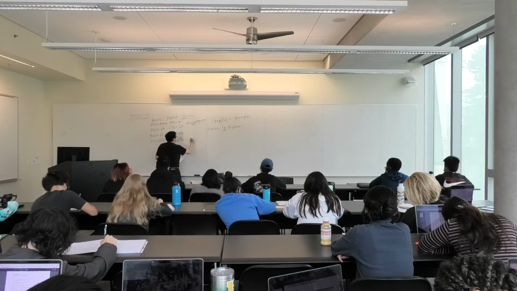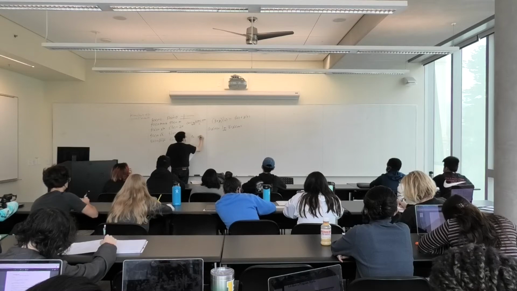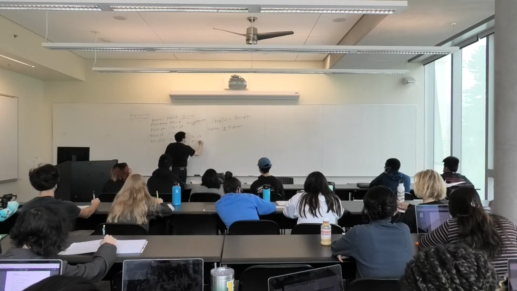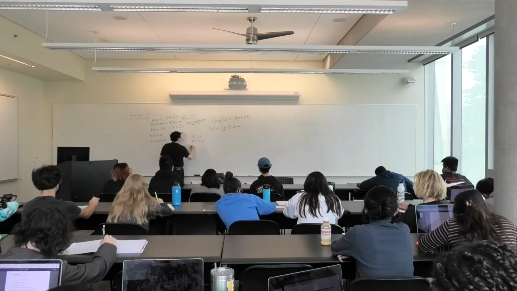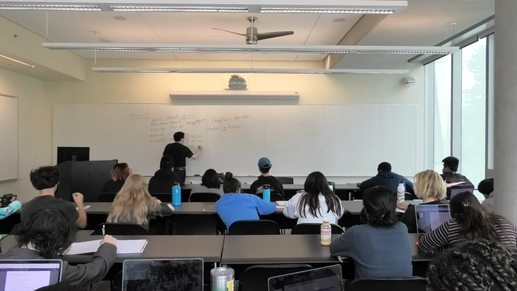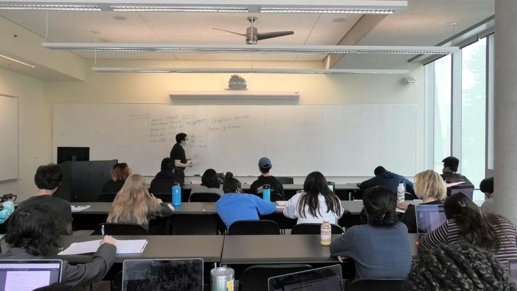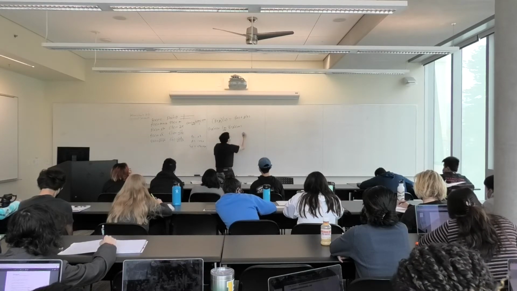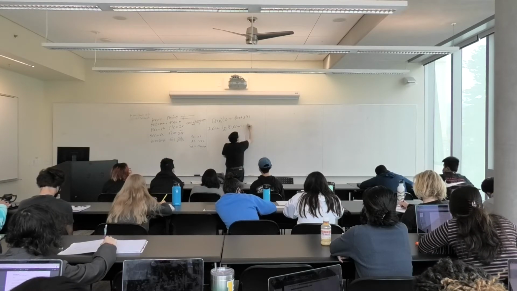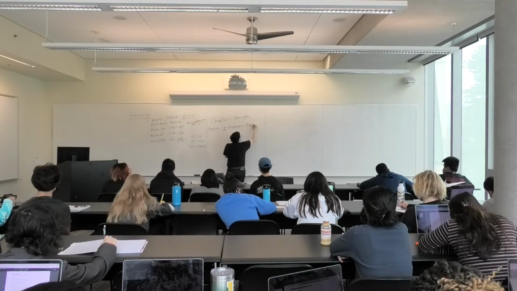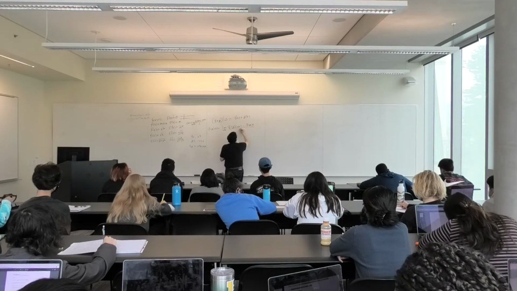If I had f equals x cubed, and g equals the cosine of x, then f plus g is just the function x cubed plus cosine of x. It's pretty straightforward.